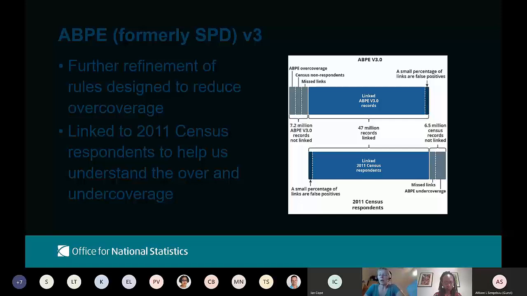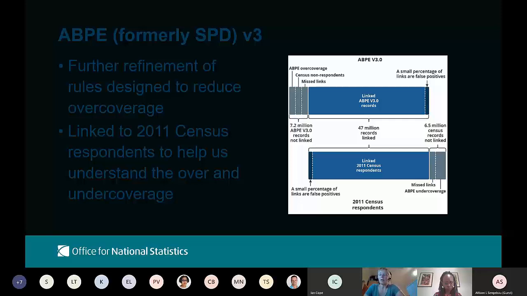And we also know that there will be some people that we found in the ABPE who didn't respond to the 2011 census, and likewise, people who responded to the 2011 census, but we didn't have on the ABPE.